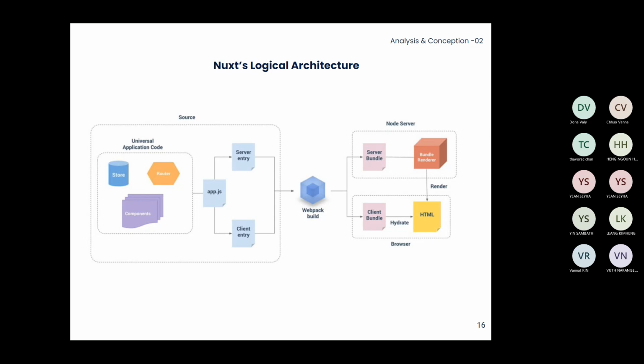Because Nuxt also runs on the server side, and to run on the server side, it has to run in a Node.js environment. Okay, I'm just confused about the Node.js when you say you build the backend with a Node server.